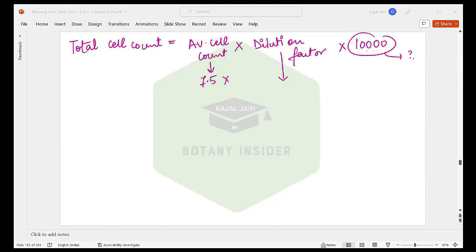Think about it. Dissolving power. Dilution factor. I'm not dissolving something. There's a difference between the term dilution and dissolution.